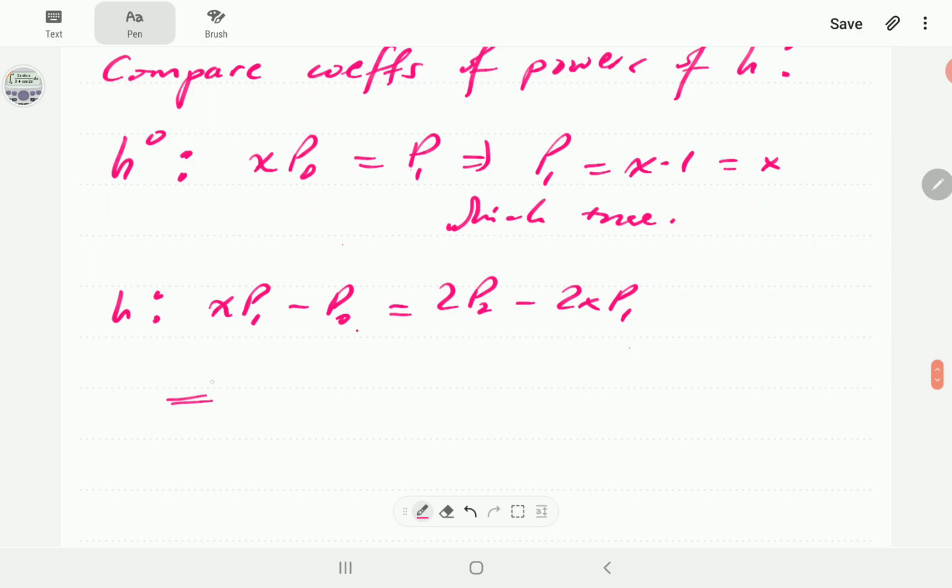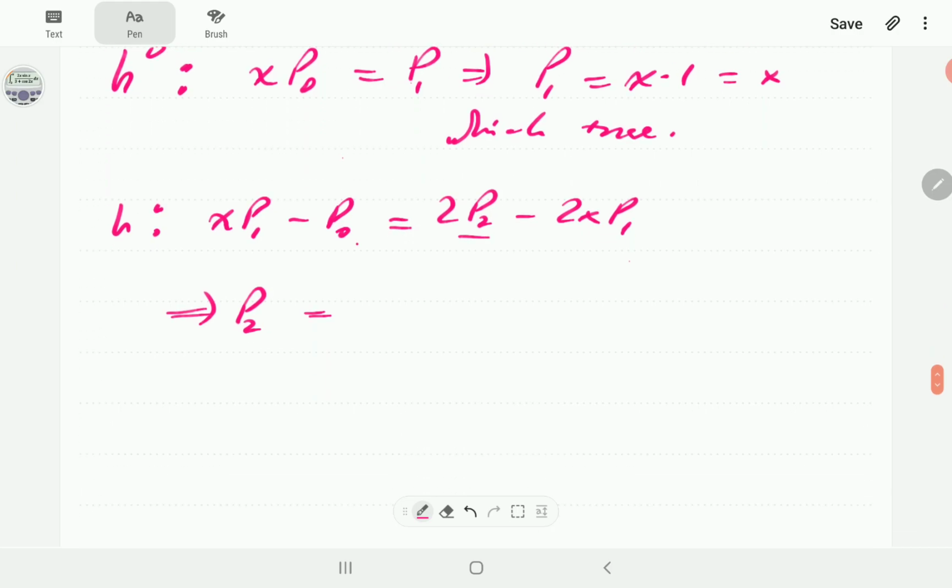Then again, we express this in terms of the highest degree polynomial, which is p_2. So this is saying p_2 is 1/2 of, if we bring this to this side, we're going to have 3x p_1, and we know that p_1 is x, then minus p_0. p_0 is 1.